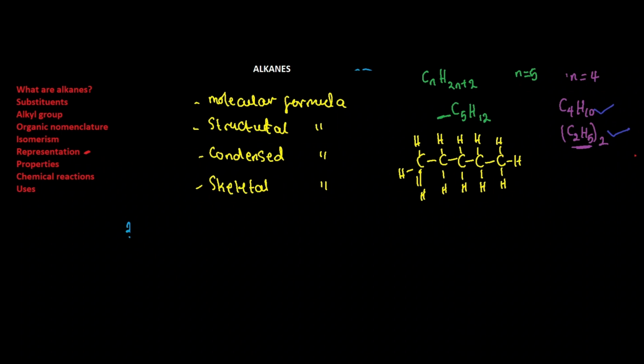Now, the condensed formula, how we draw the condensed formula goes like this. Consider each carbon atom in the longest chain. So the first step to drawing the condensed formula is to consider each carbon atom in the longest chain.